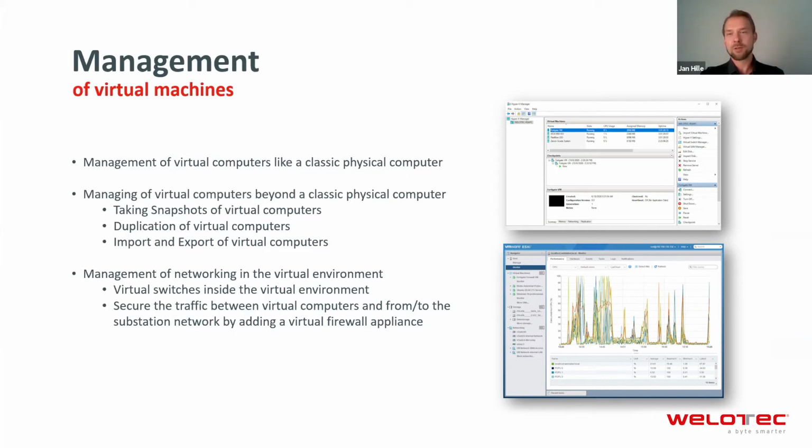The two different hypervisors we've been talking about previously, Microsoft Hyper-V and VMware ESXi, follow different design principles, leading to the fact that VMware ESXi does not have a pretty interface which you can use directly at the hypervisor.